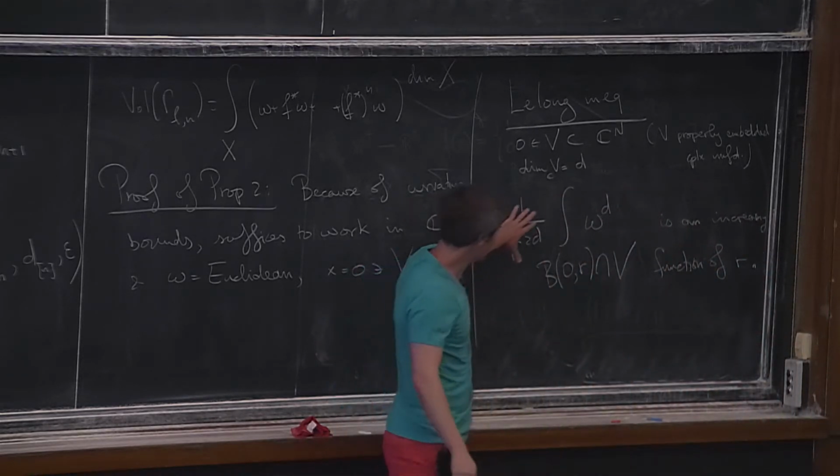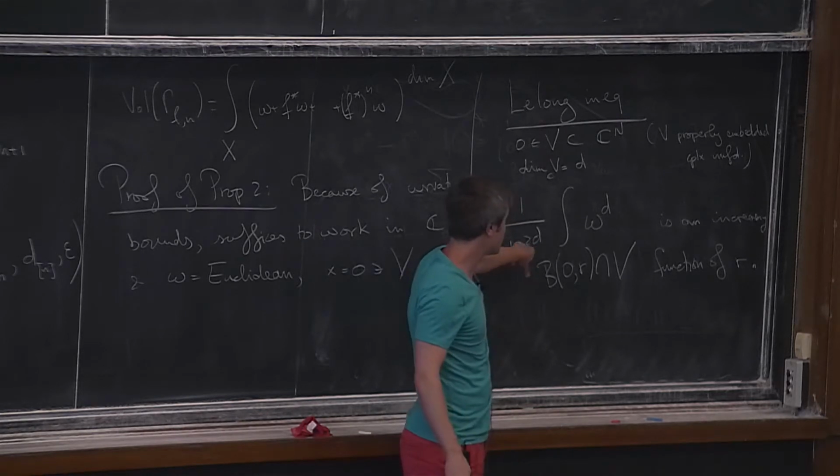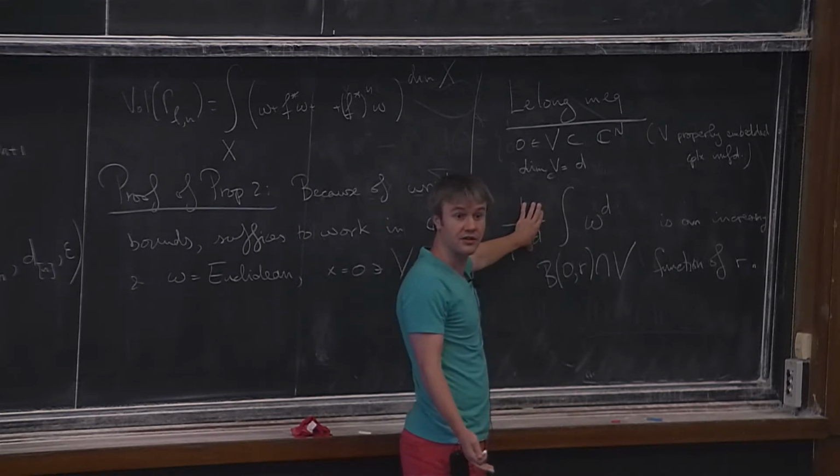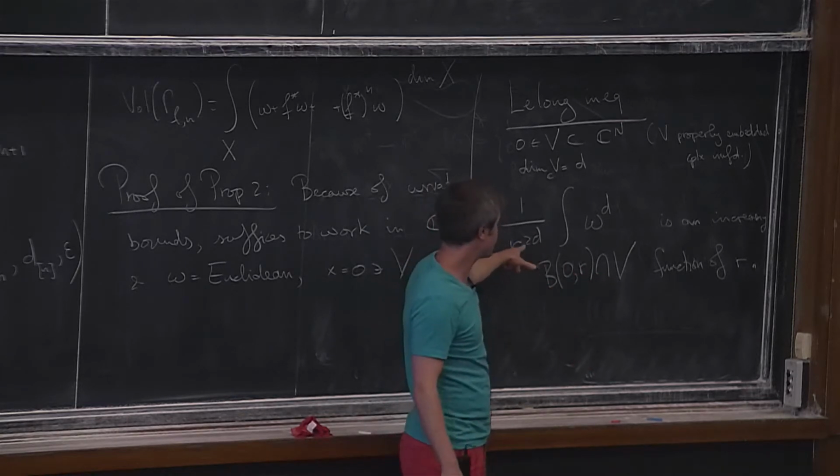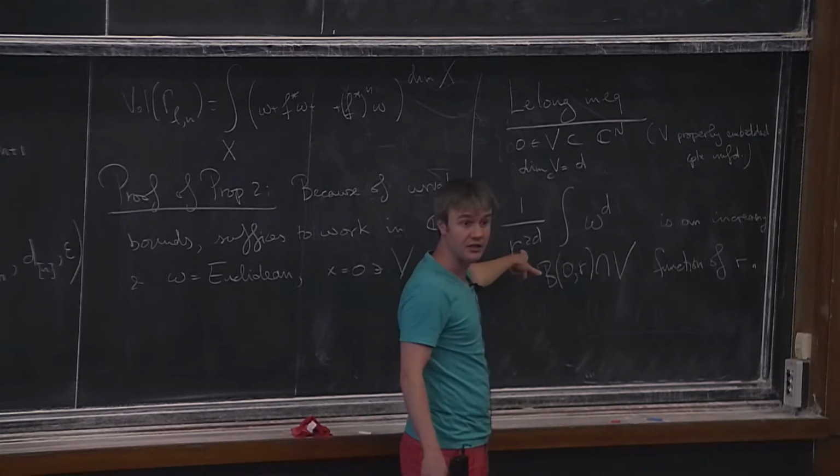So of course, if I didn't put the division by r to the 2d, this would be quite clear, right? I'm taking the volume of something bigger and bigger. But the claim is that it is increasing even after you divide by this normalizing factor.